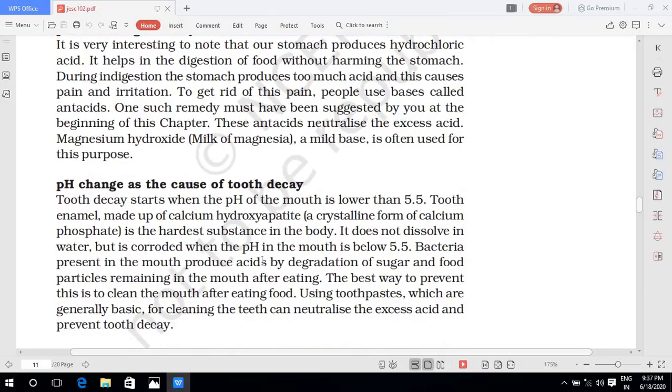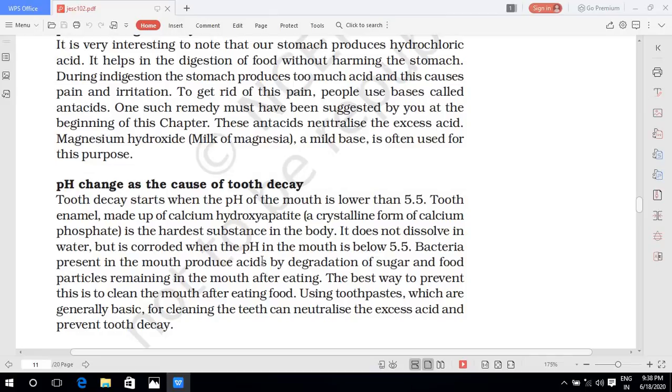pH change as the cause of tooth decay. Now we have toothache, tooth decay, lots of problems. That is not because of the microbes eating away our teeth, but because of the acid pH change in our teeth. It is like the germs eating away our teeth, but it's not really like that.